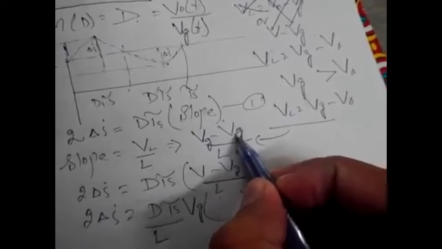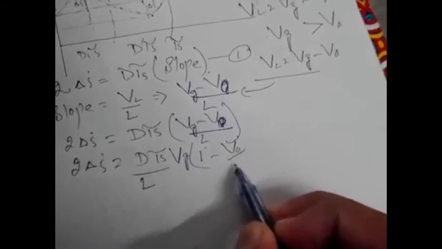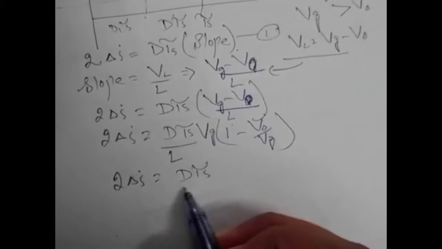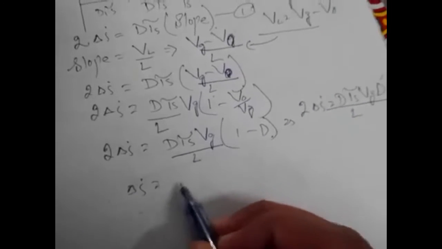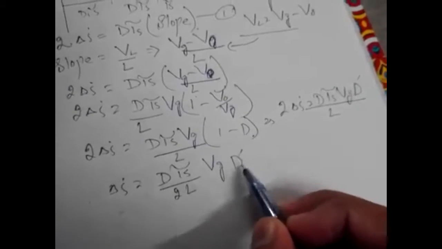So putting this value here, we get Vg minus V0, and this also equals Vg minus V0, so this becomes V0 by Vg, so 2 del I is equal to dTs Vg divided by L times 1 minus D, and that will be 2 del I equal to dTs Vg d dash divided by L. So the current ripple del I will be equal to dTs divided by 2L times Vg d dash.